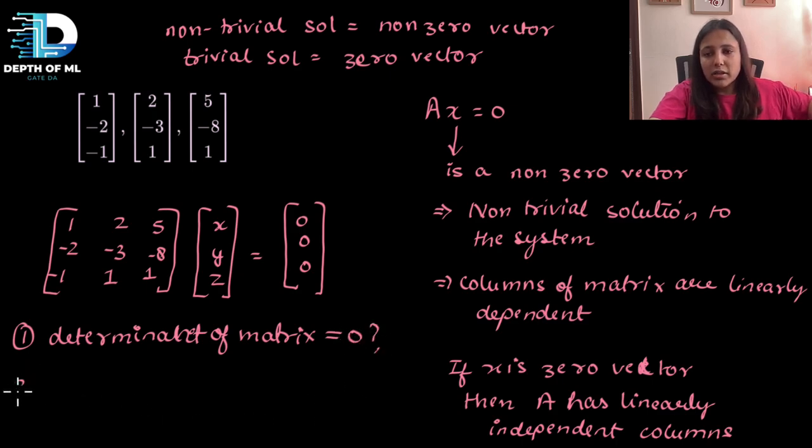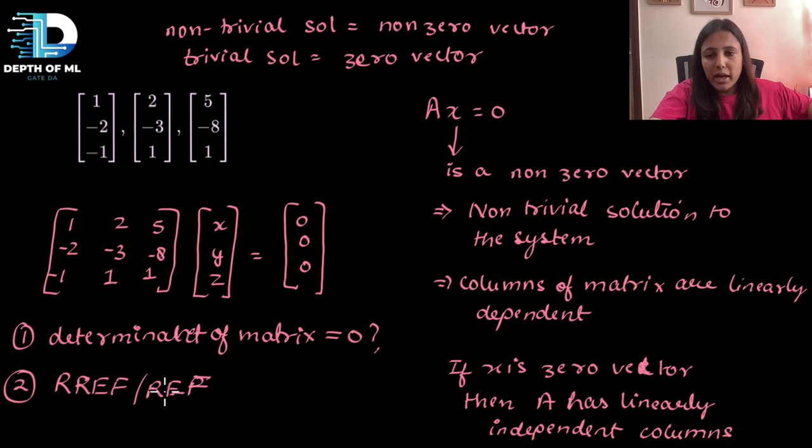Another way is you can convert it to row reduced echelon form, and see if you are getting 3 pivots in this case, because there are 3 columns, right? So if you find 3 pivots, then you know that all these columns are linearly independent.